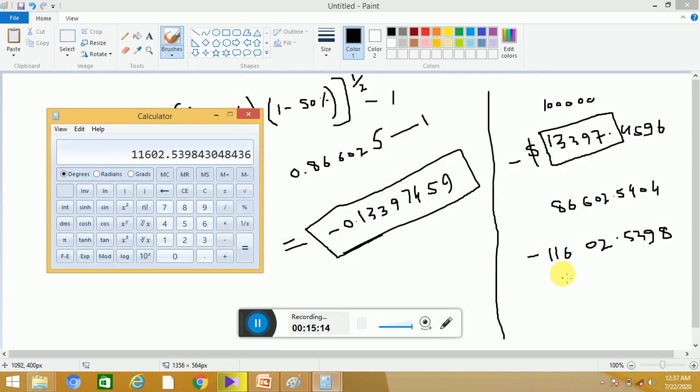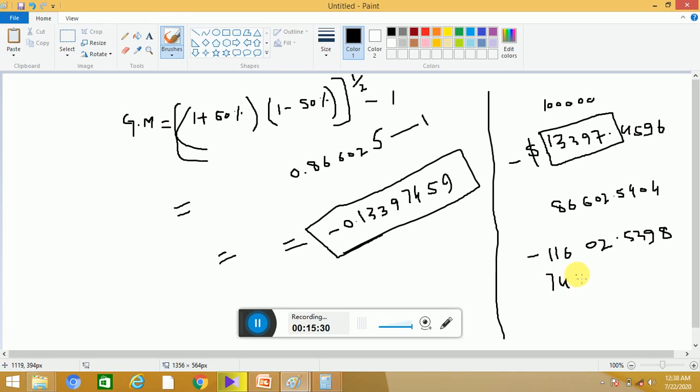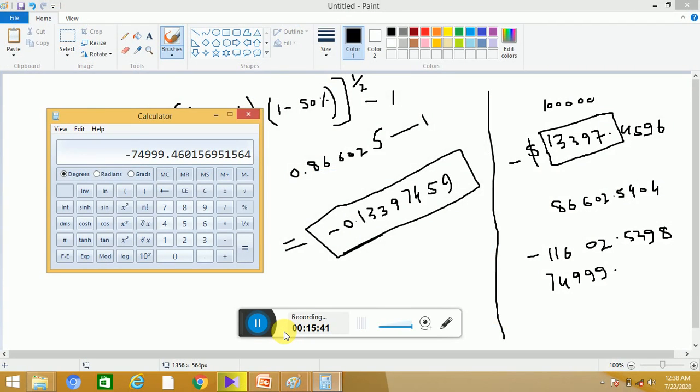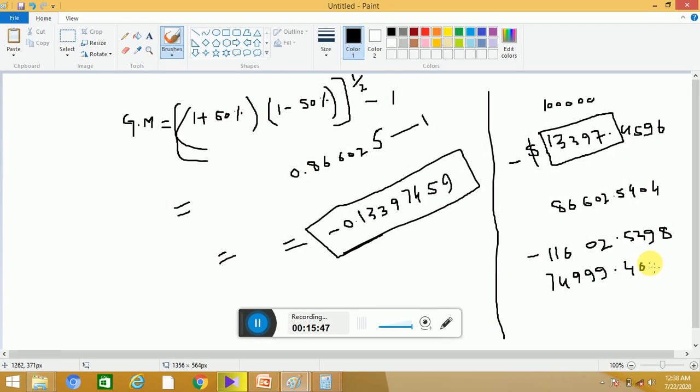From 86,602 we deduct this loss and we get 74,999.460. So see, it is almost 75,000.